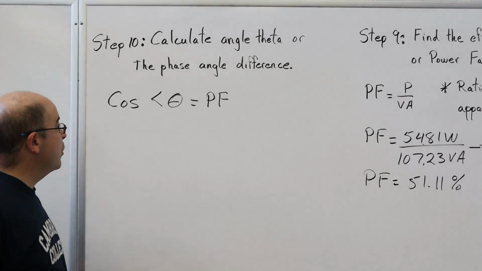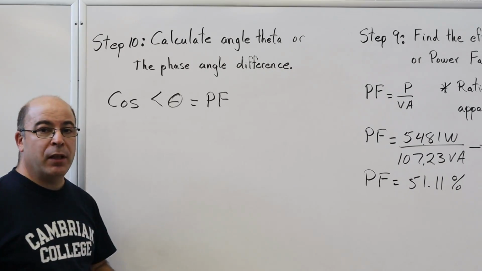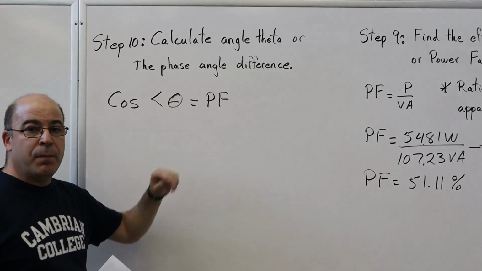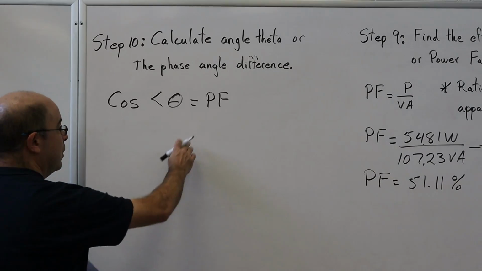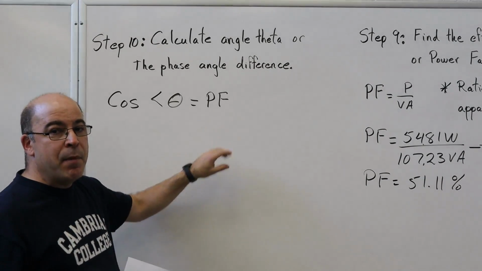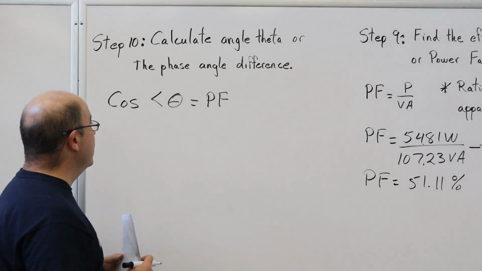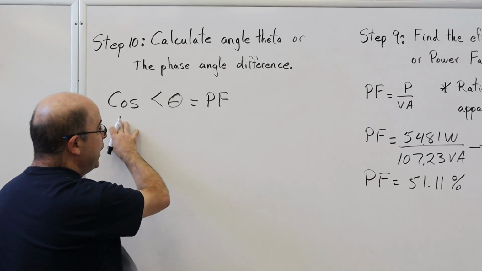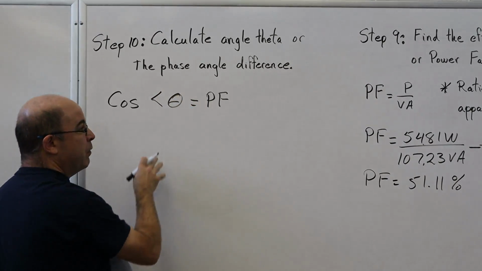Now, in the textbooks, they'll give you the simple formula, cosine of angle theta is equal to power factor. What we have to do is use the value of power factor as it came out of our calculator. And this has to be manipulated in order to isolate angle theta.